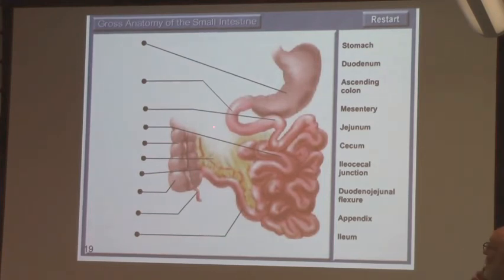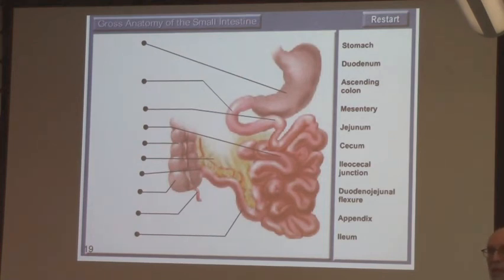Okay, go ahead. This little thing right here is the duodenum. Yes, it is. Okay. Is the next part the jejunum? Yes, the jejunum is after the duodenum.